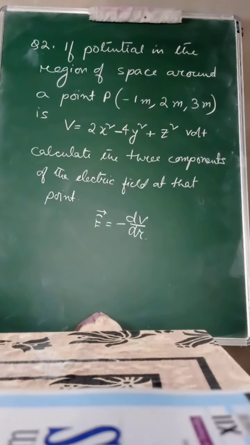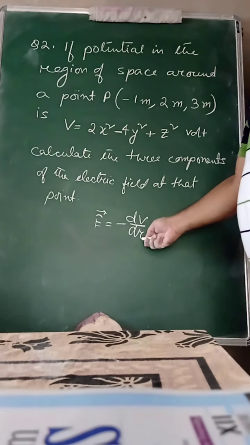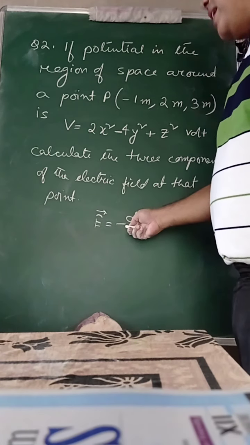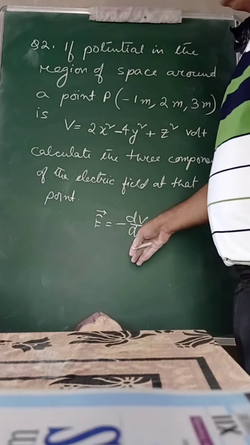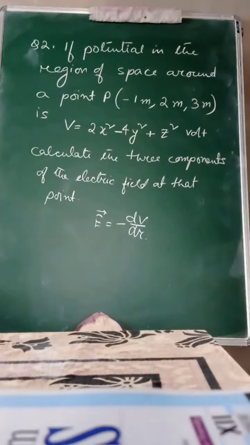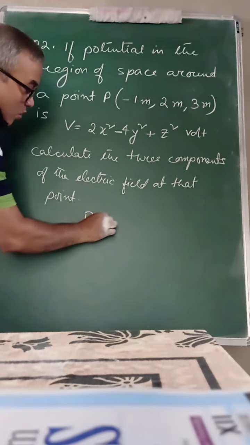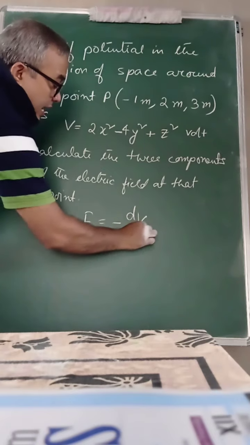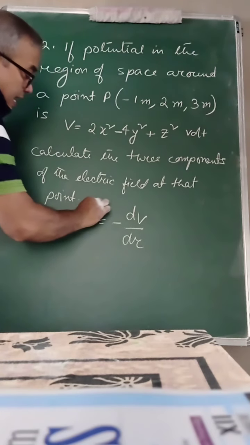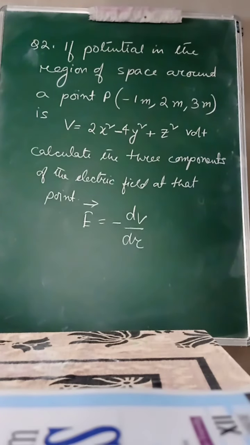That means electric field is directed from higher potential to lower potential. Negative gradient means decreasing potential. So this was the expression: E is equal to minus dV by dr.